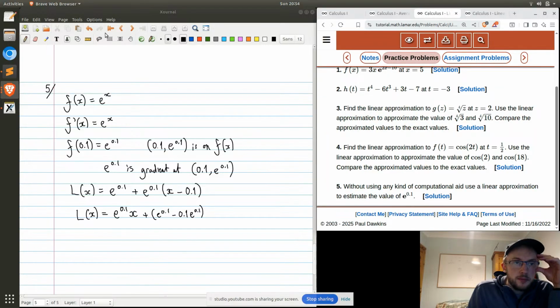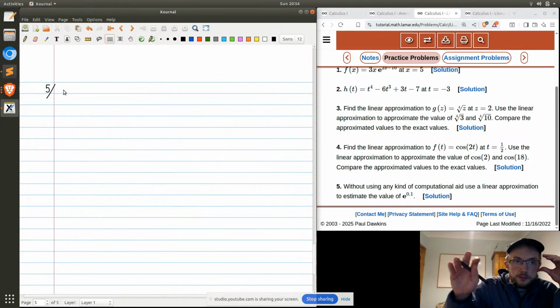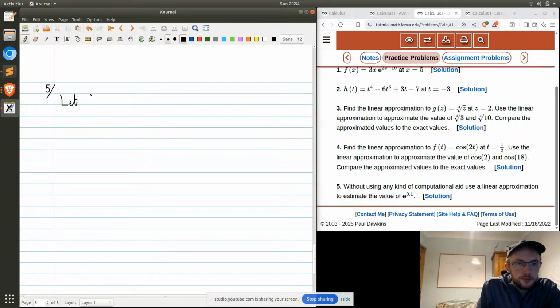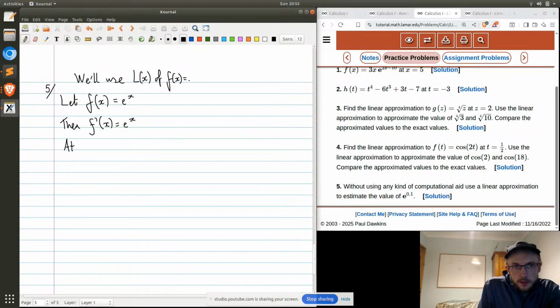Okay, now to see if I actually understand that, see if I can recreate it. We'll use L of x at this.